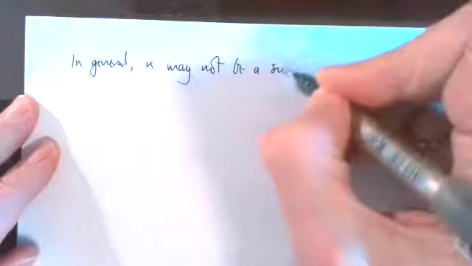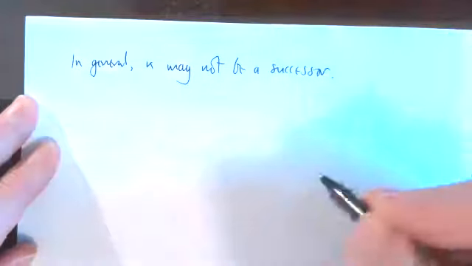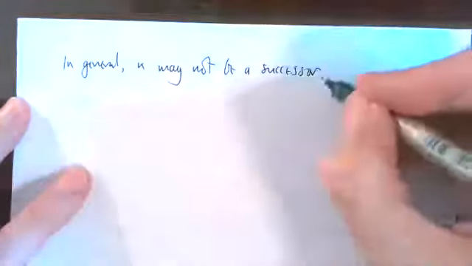I thought of splitting it into two cases, although I could have just given this case, because I thought it might be more understandable. So in general, kappa may not be a successor. So the argument is just a variant.